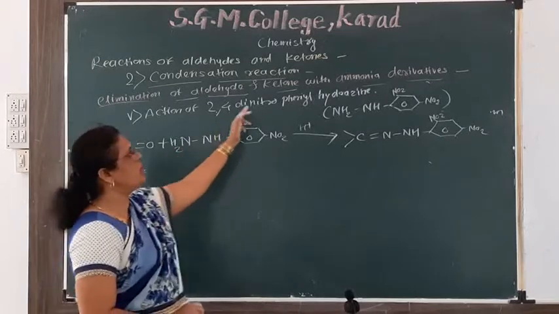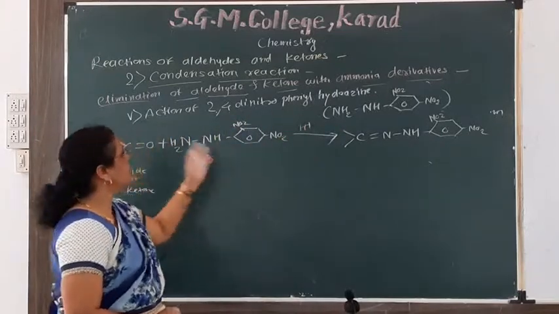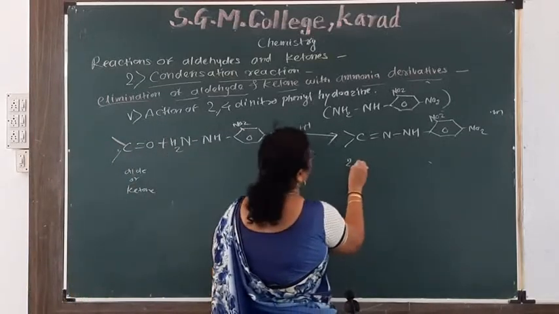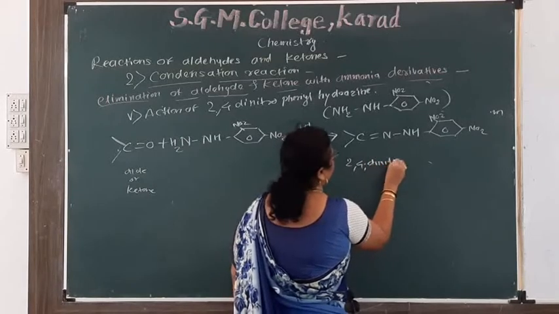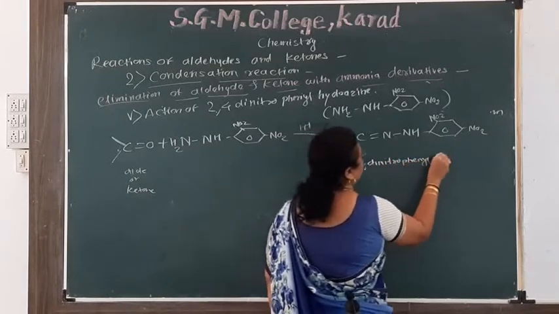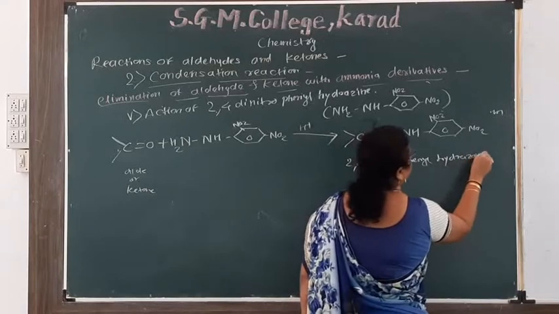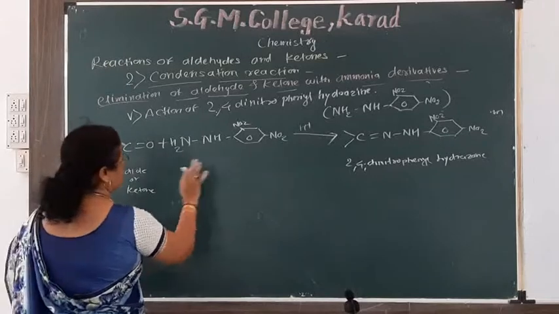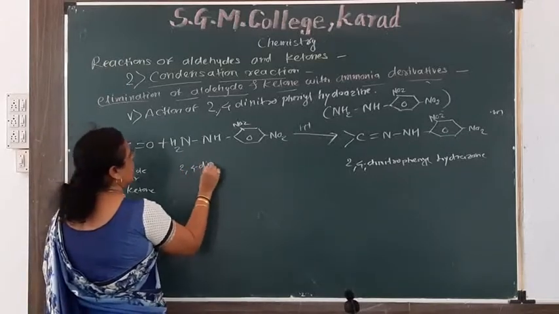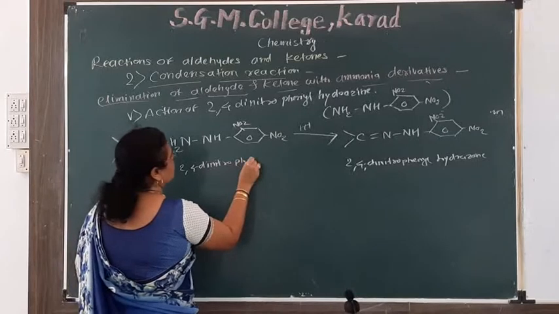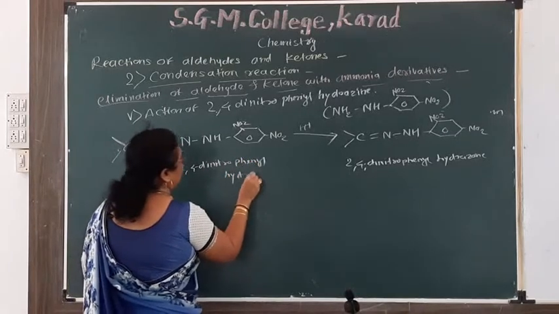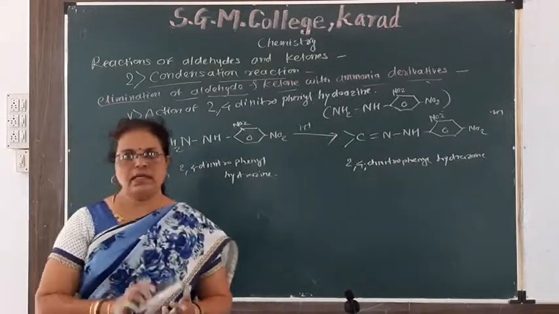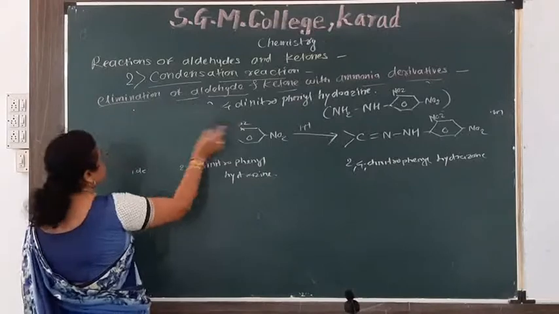Acetaldehyde is treated with 2,4-dinitrophenylhydrazine, then we get acetaldehyde 2,4-dinitrophenylhydrazone. Then sixth reaction is action of semicarbazide.